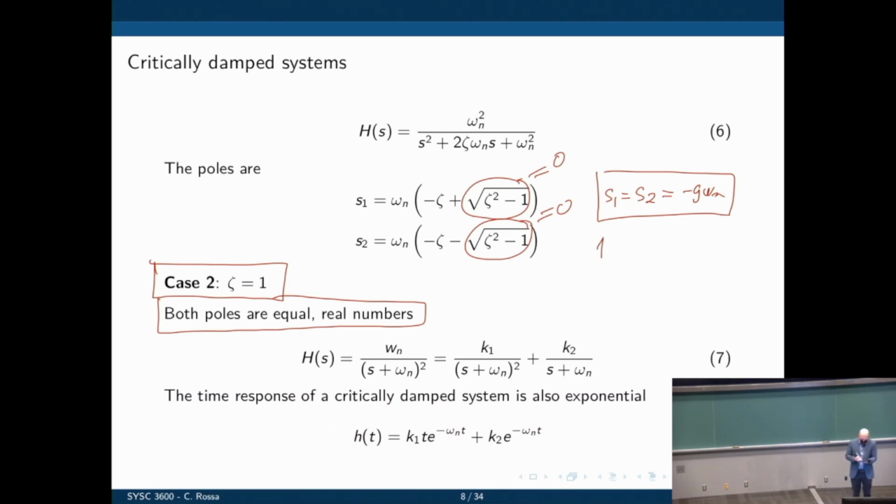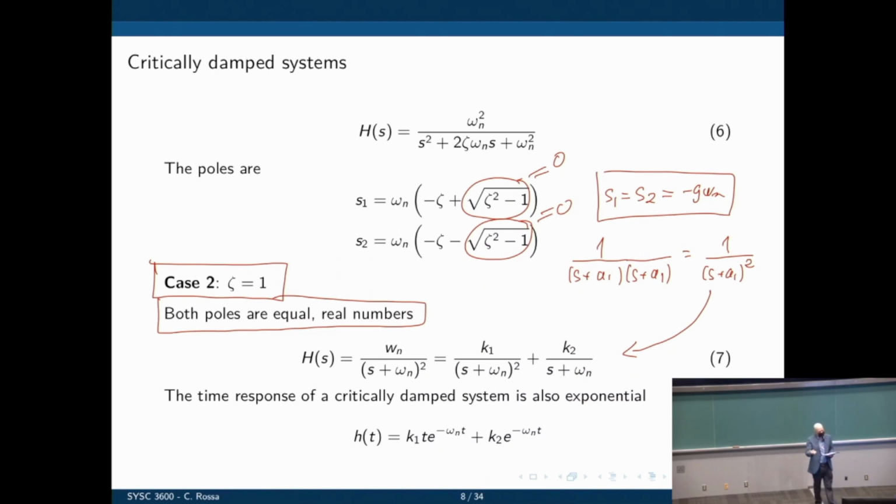Remember that it was 1 over S plus A1 times S plus A2, but now A2 is the same as A1. So this is the same as 1 over S plus A1 squared. These are real roots, minus A1 are the two poles. They are the same. When you take the inverse Laplace transform, we'll have to do partial fraction expansion.